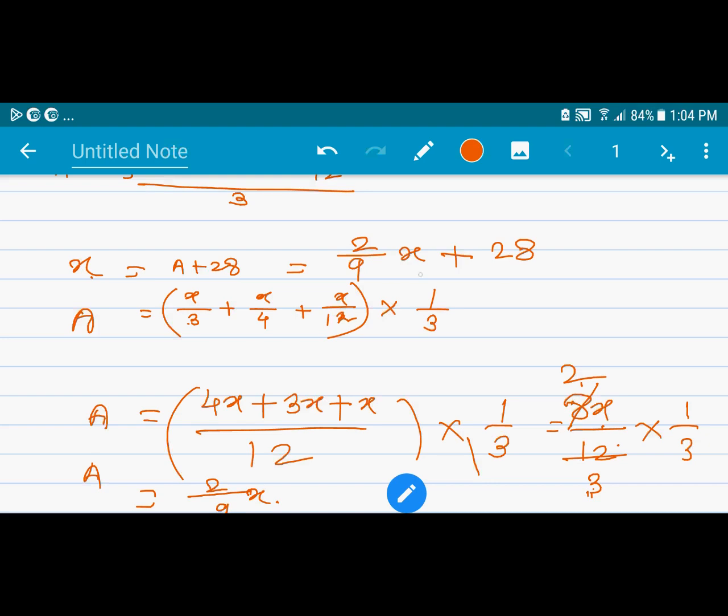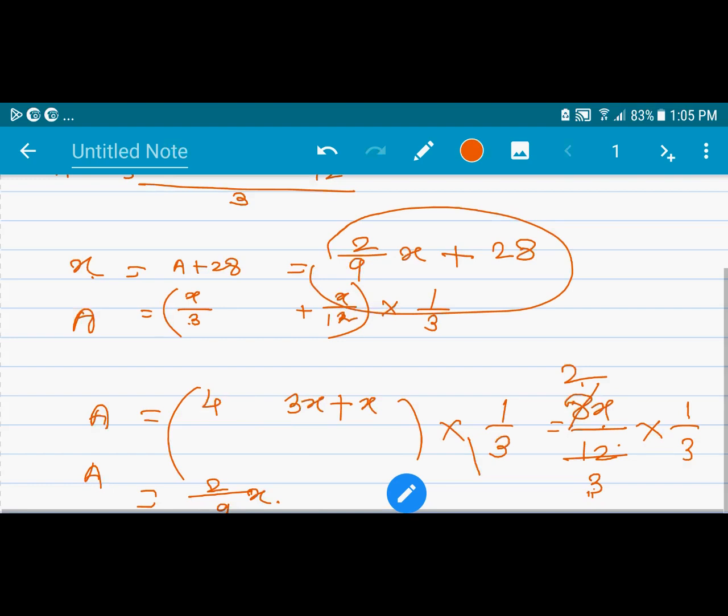Now multiply everything with 9, or you can simplify here, but you cannot simplify here. So multiply everything with the 9. I will show you.